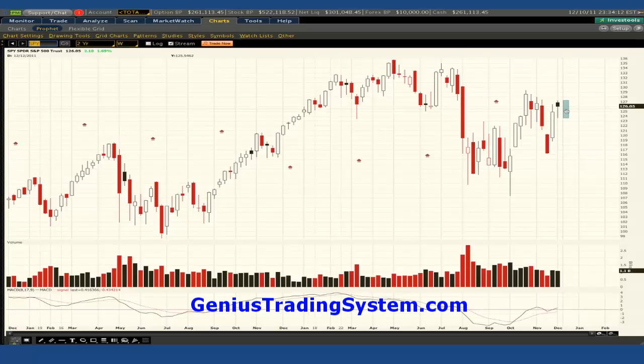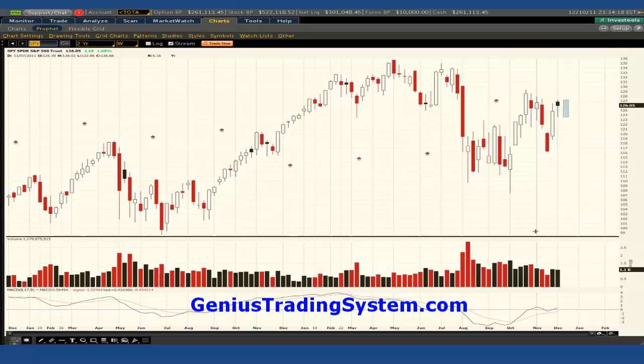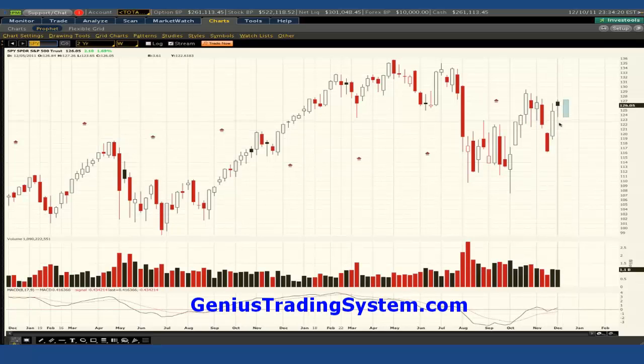Ideally, what we'd like to see is a small pullback on lighter volume. That will give us the confirmation that we need that volatility will probably be decreasing and the SPY will continue to go higher. So that's what we need to see before we can make a determination if, in fact, volatility has receded for the time period that we want to trade.